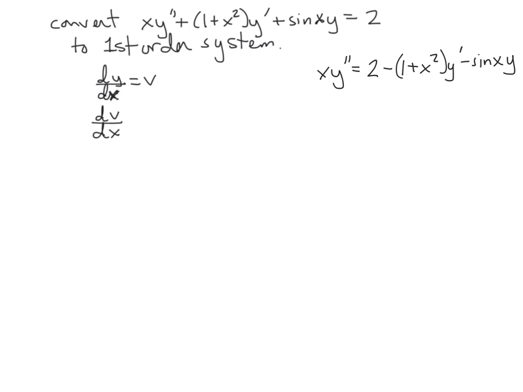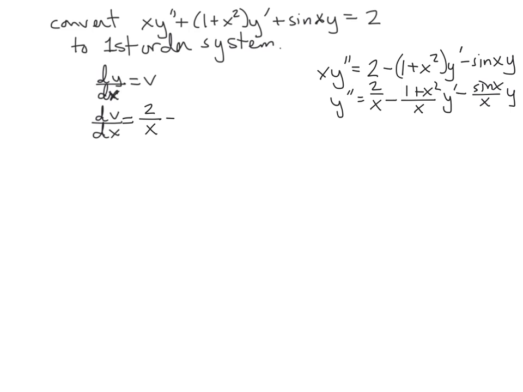That's going to be a minus because I wanted to subtract that over to the other side. And then I need to divide by x, so y double prime is going to equal 2 over x minus 1 plus x squared all over x times y prime minus sine of x over x times y, and that is going to be dv dx, whatever y double prime is.